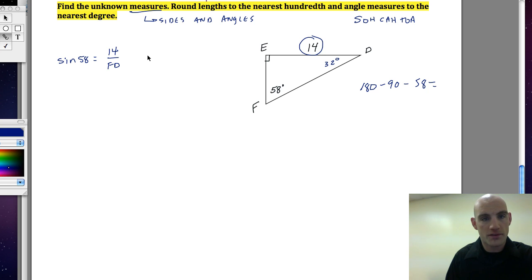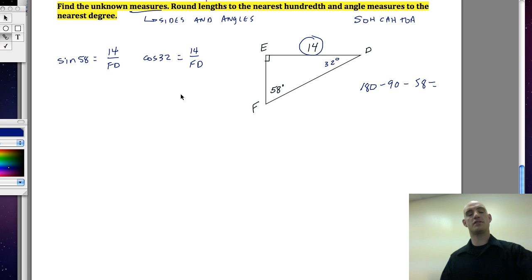Sure there is. What if I did the cosine of 32? That would be adjacent over hypotenuse, so it would be 14 over FD. And so I have options here.